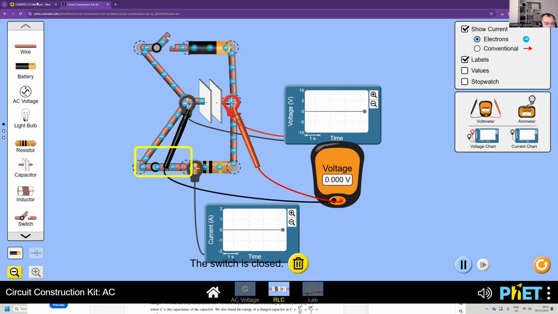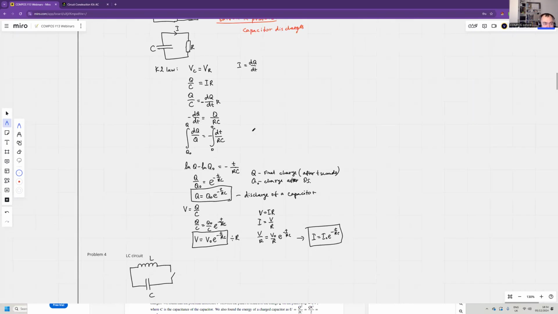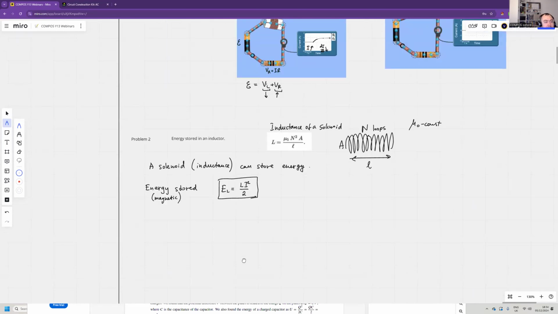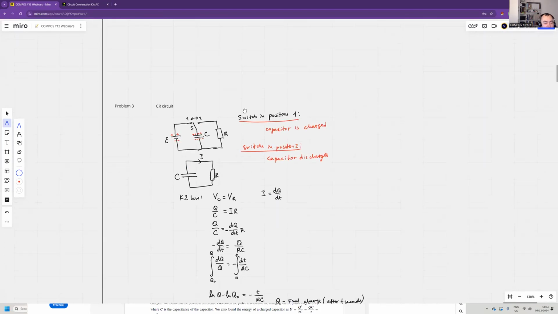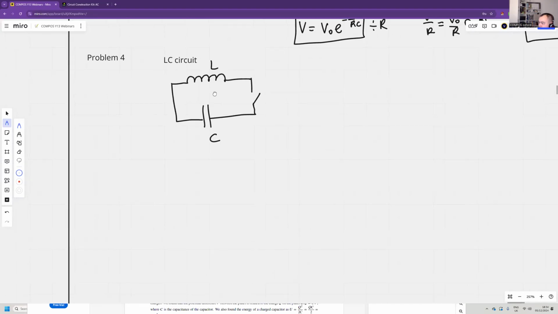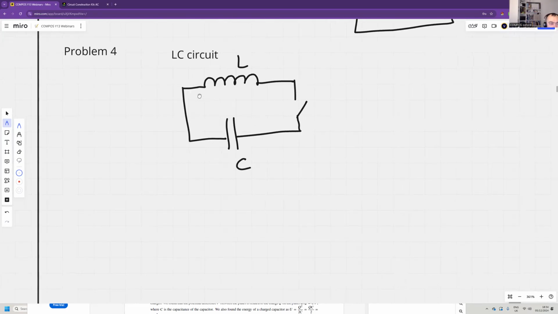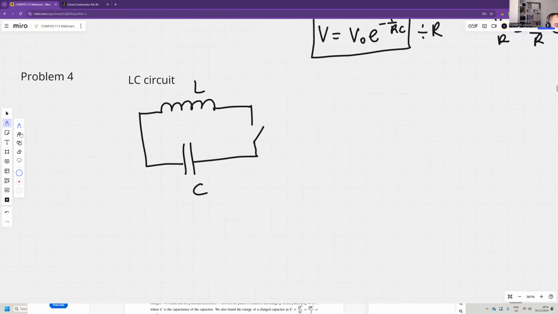Okay, so you study this, and it shouldn't be a huge problem. Now, let's look at this circuit. If you look at this circuit, you have a capacitor and an inductance coil.